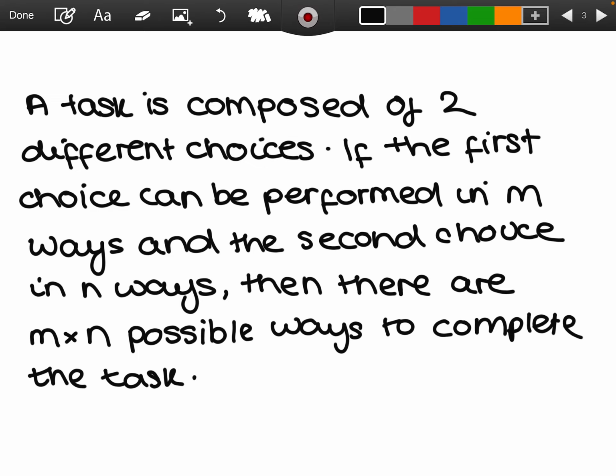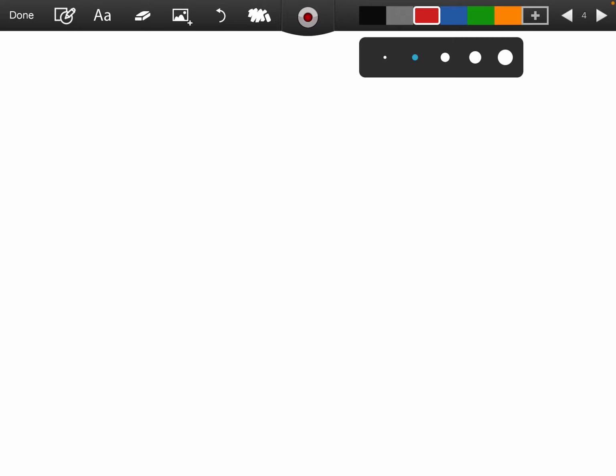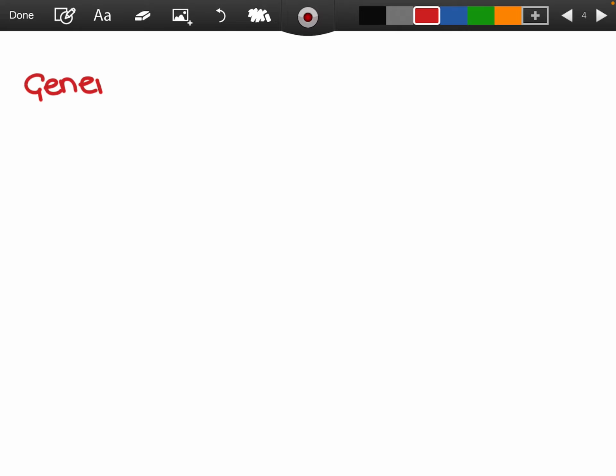We can generalize this for if you have more than 2 choices to make for a particular task, and that is called the generalized multiplication principle.